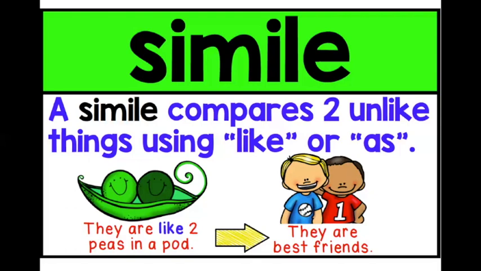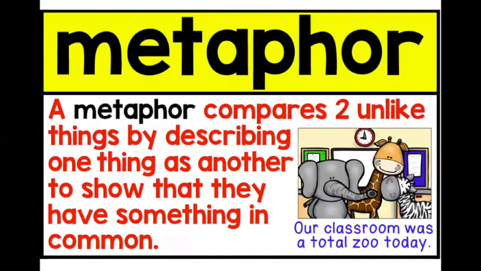Next, we're going to be taking a look at metaphors. So, a metaphor compares two unlike things by describing one thing as another to show that they have something in common. So, in this case, we're not using the word like or as, we are just saying that this thing is another thing. So, if we look at our example, our classroom was a total zoo today.